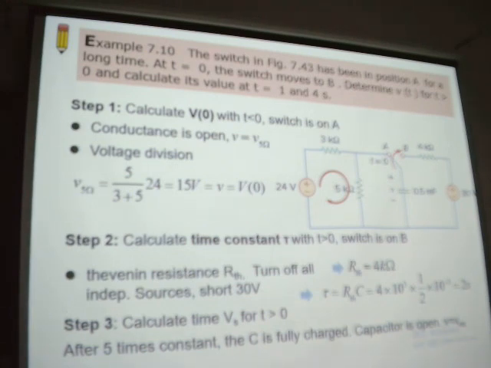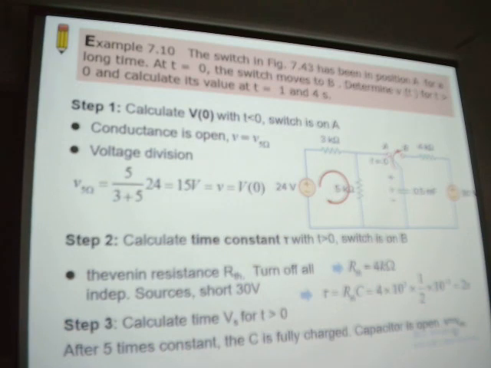I think I introduced the time constant in our last class. The unit is second, and all the response should be finished after 3 or 5 time constants. Remember? So after 5 time constants, the C is fully charged.